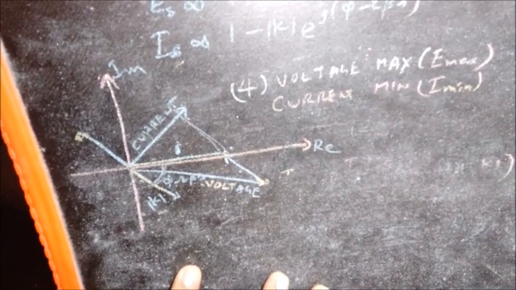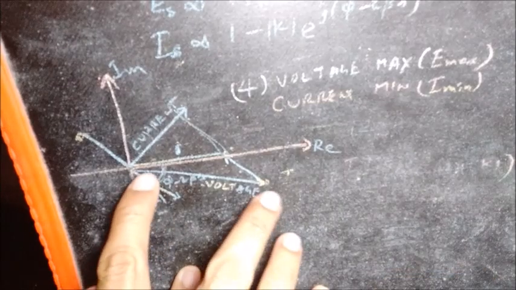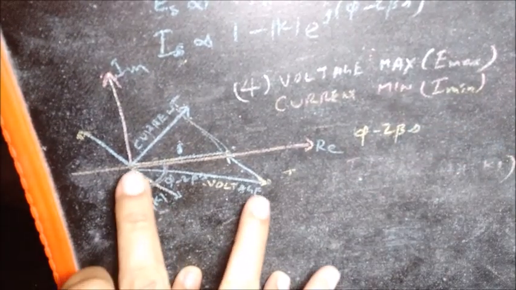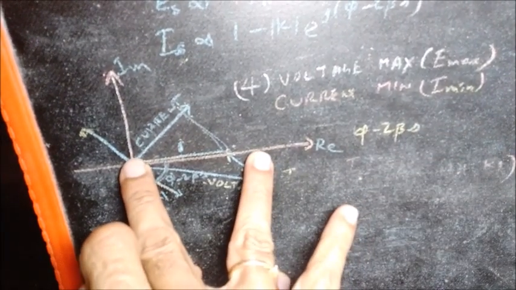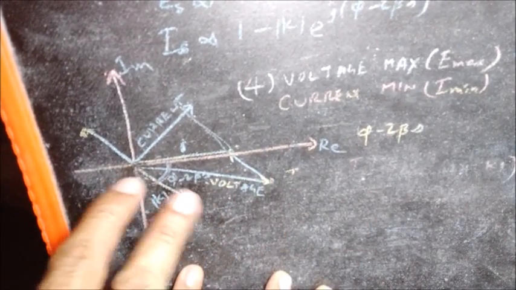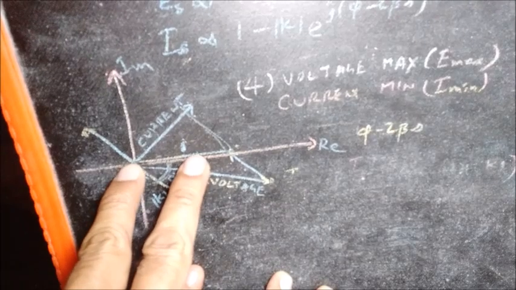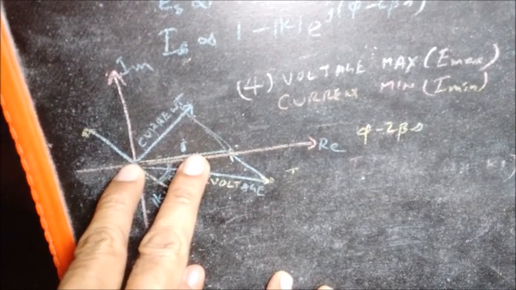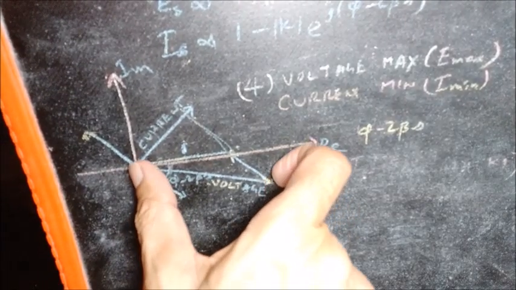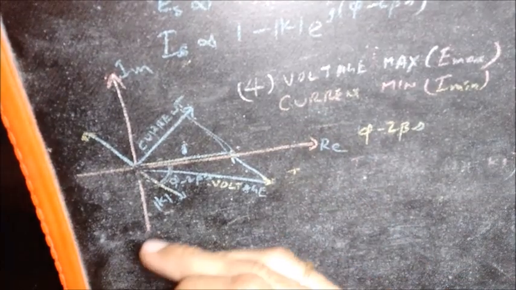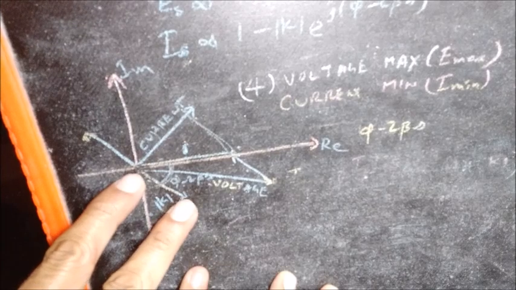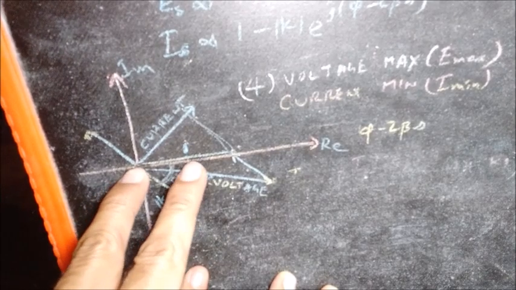From the phasor, if you see, for voltage maximum to occur, phi minus 2 beta s has to be 0 or 2 pi or an integer times 2 pi. When phi minus 2 beta s is 0 or an integer times 2 pi, you get the voltage maximum, because this phasor ends up taking its maximum value. Since this phasor is this k, and phi minus 2 beta s is 0, it comes here.